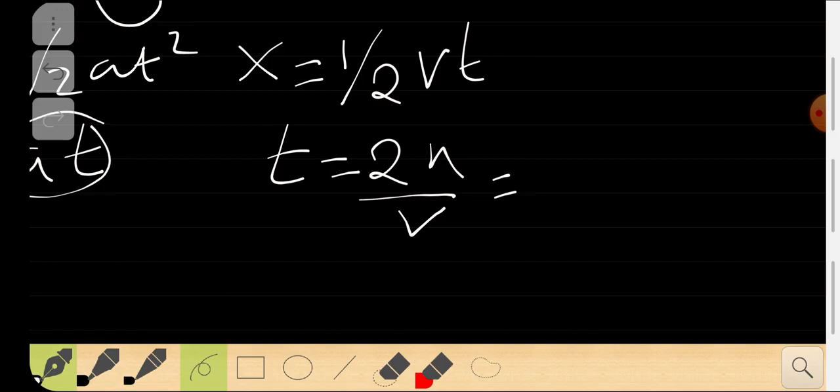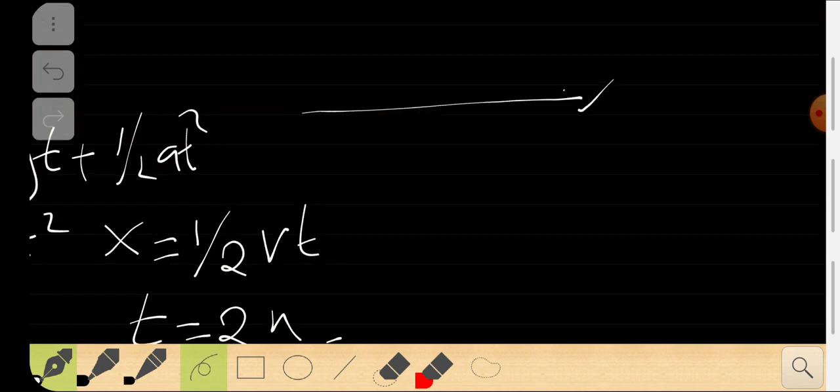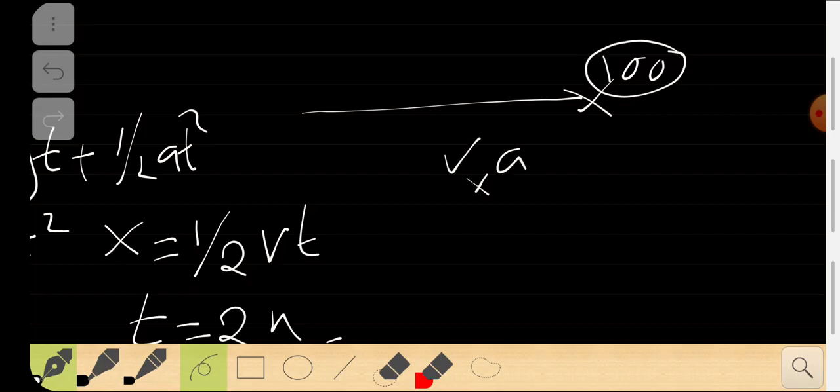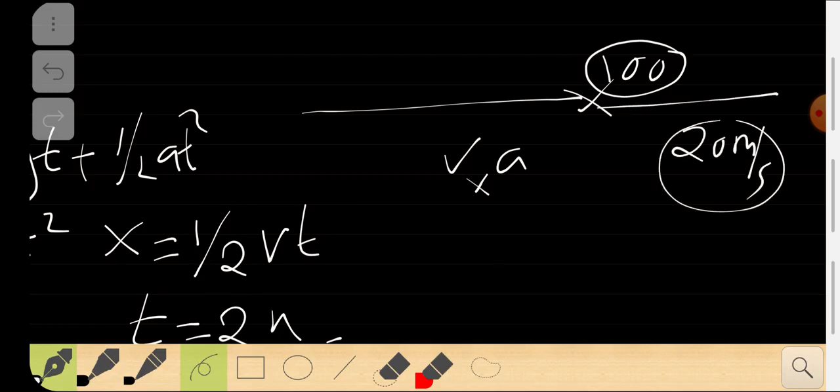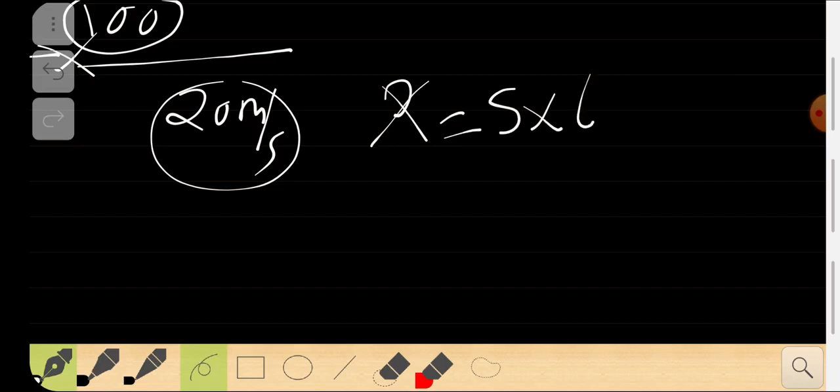We are assuming that for the first 100 meters there is acceleration, the velocity is changing. After 100 meters it will go at a steady rate of 20 meters per second for 10 seconds. That distance you can straightforwardly calculate: speed times time, or velocity times time, which is 20 meters per second times 10, that's 200 meters.